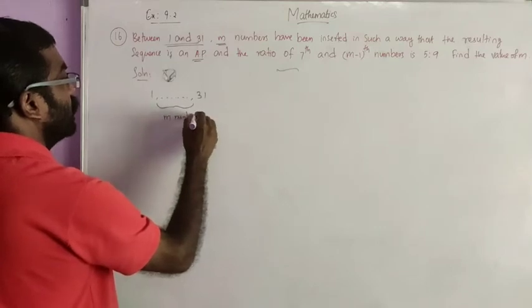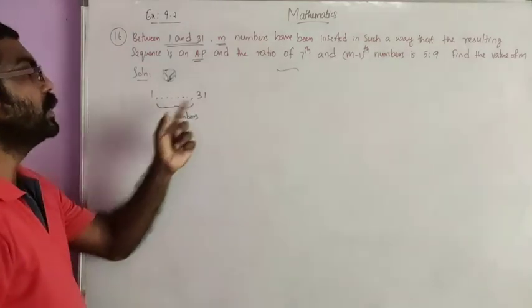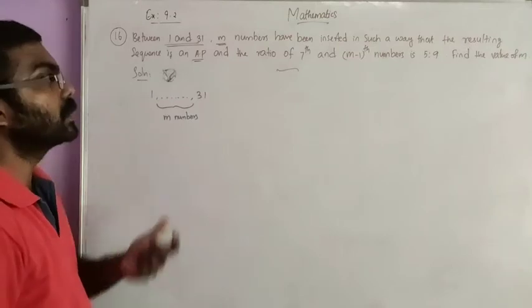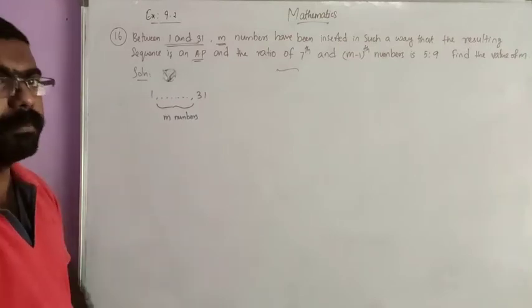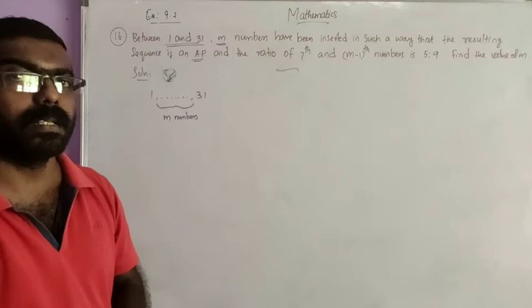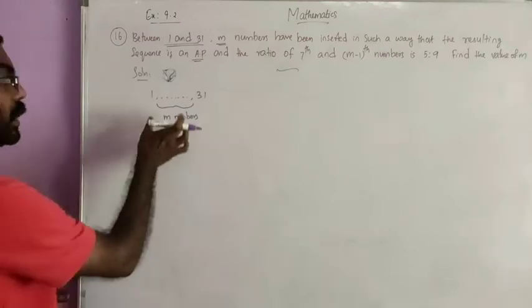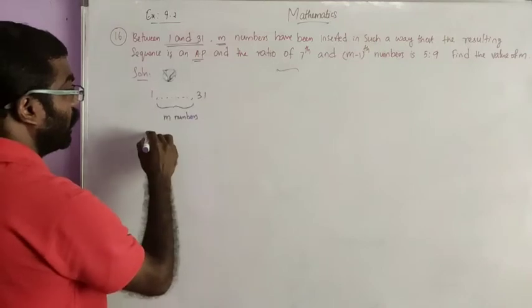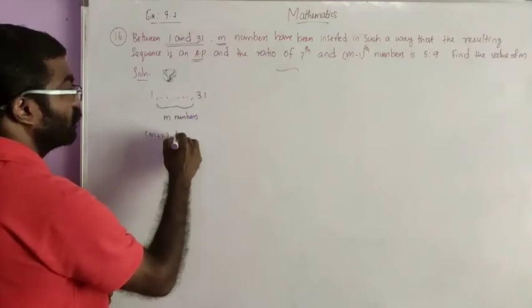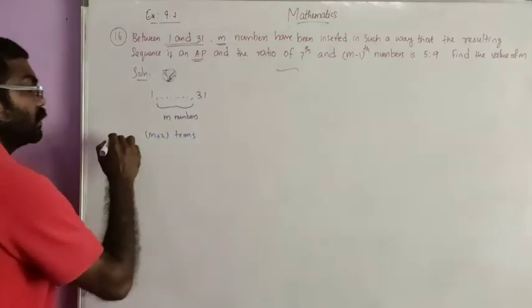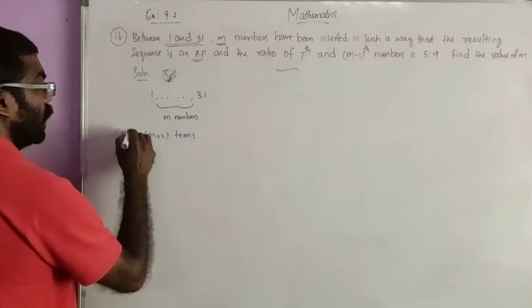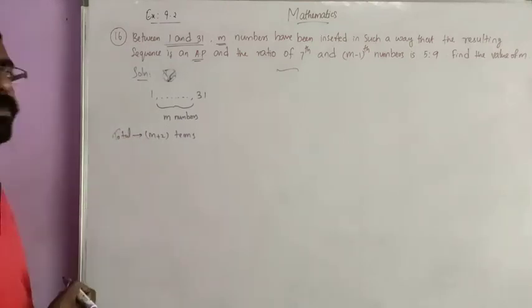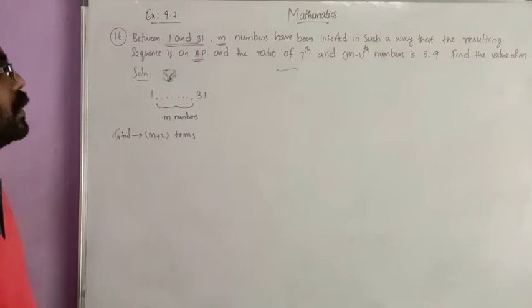So how many terms will there be? Including 1 and 31, there will be m plus 2 terms in total.